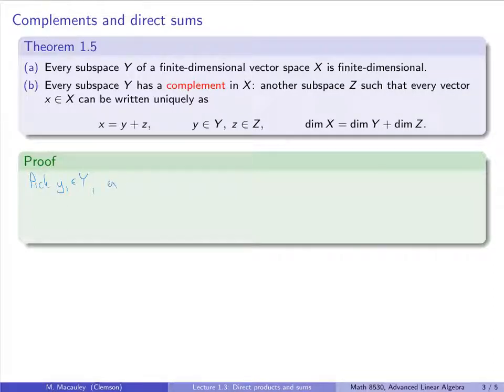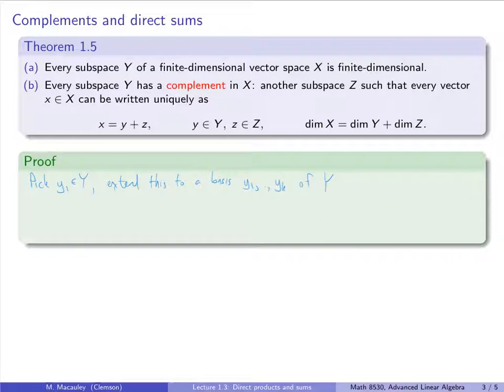So this is obviously linearly independent. Well, I should say if we pick a non-zero y1, but why would you pick a zero vector? So extend this to a basis y1 through yk of Y.